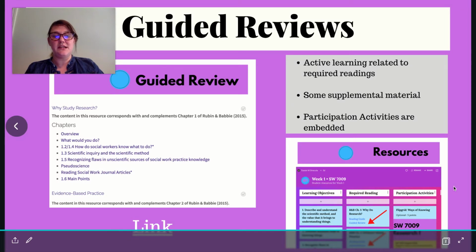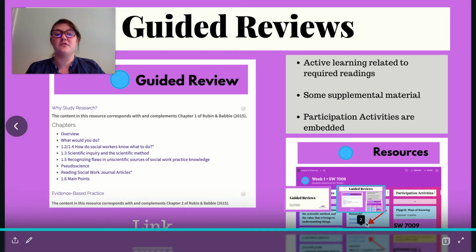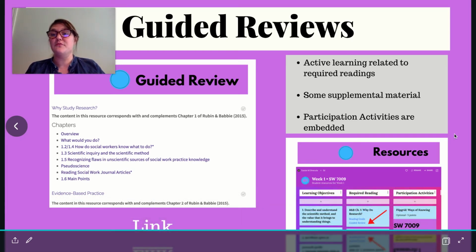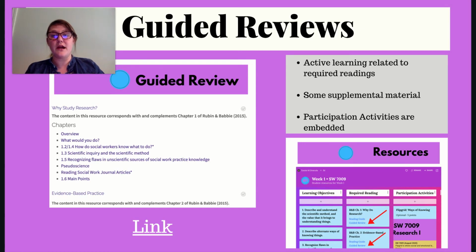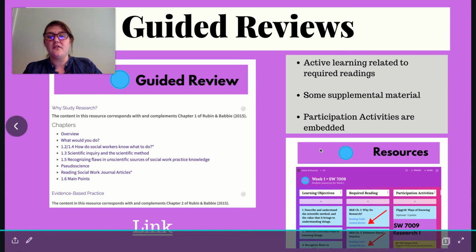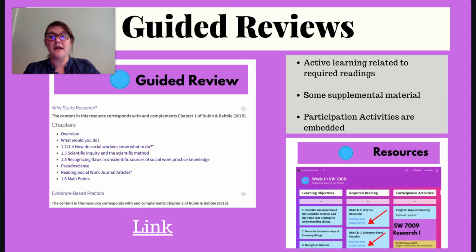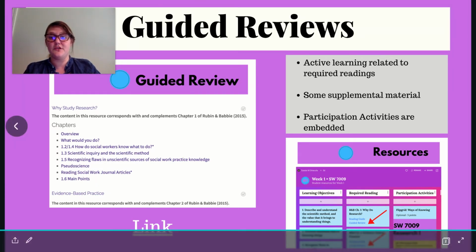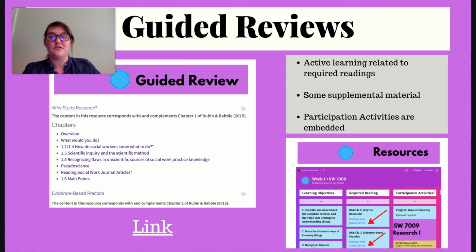You'll see here where this arrow is that it's pointing to the guided review for chapter 1. Not all of the required readings have guided reviews that align with them, but if they do, then you will see a link there. The guided reviews are actually named. So for week 1, the first guided review is Why Study Research.